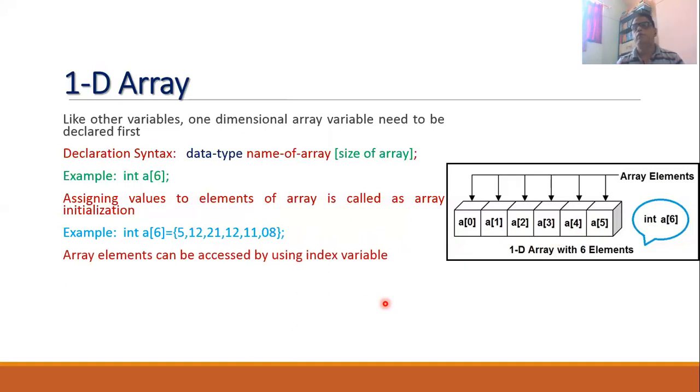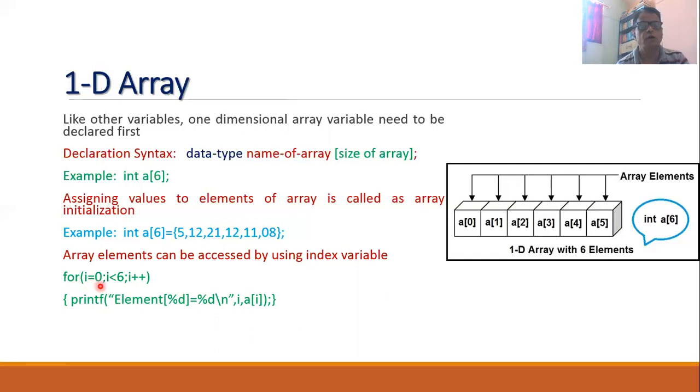Now if you have declared an array and initialized it, that is, you have assigned some values to the elements of the array, then you can access the elements of the array. And for accessing the elements of the array, you need to make use of a for loop. So I will write here a for loop to access the elements of the array.